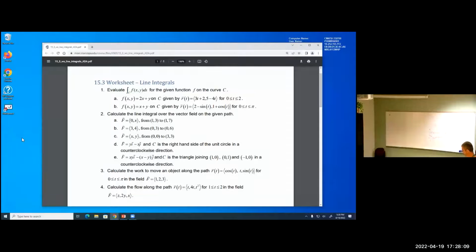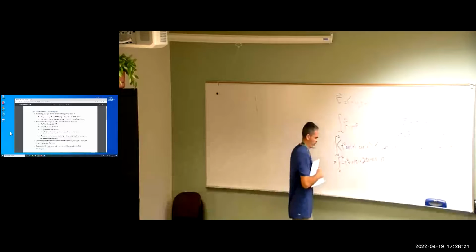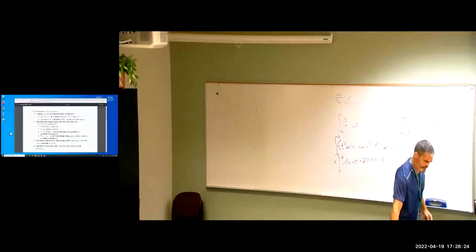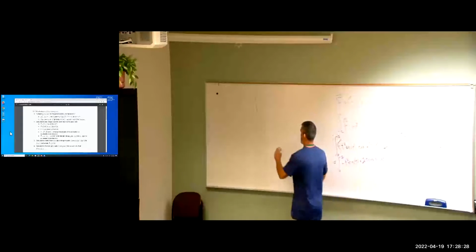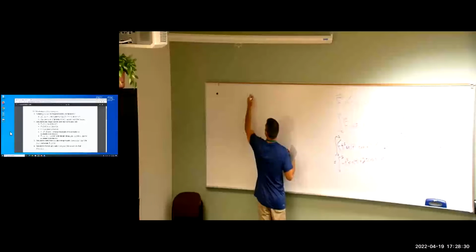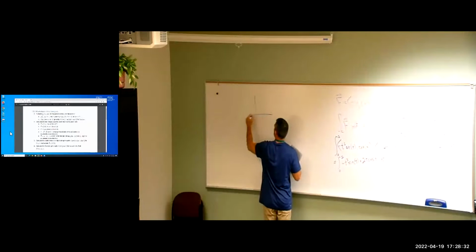our path is the right-hand side of the unit circle in a counterclockwise direction. So the whole half. So what would that look like? So we're going counterclockwise.